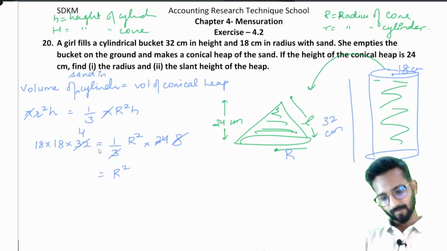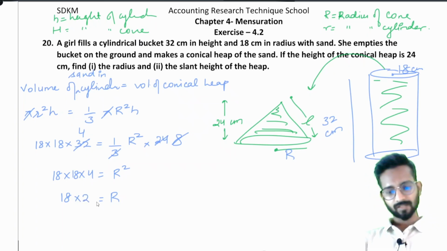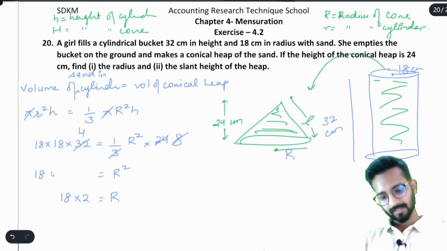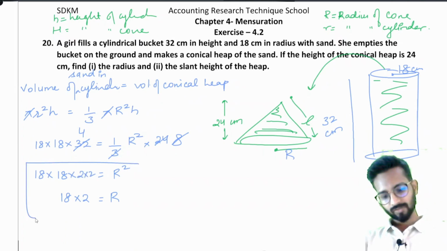If it is 18 cross 18 cross 4, you can write it as 18 cross 18 cross 2 into 2. This is your R square. So R is equal to 18 cross 2, that is 36. It means the radius is 36 centimeter.